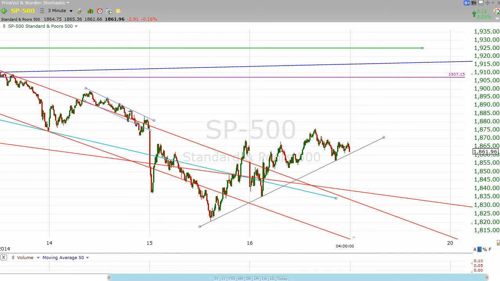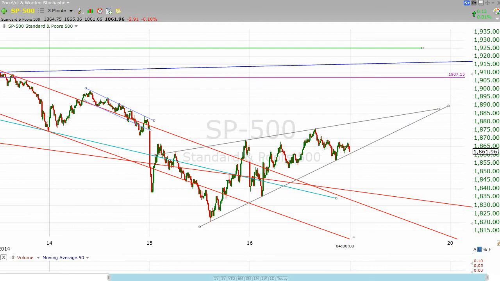Another thing you might notice is that if we ignore this high and just go with this one right here and the last two, and I'm not saying that's the way we should definitely go, but if you do that, then you can see how I might be concerned that this is a rising wedge coming out of that fairly swift downward move.